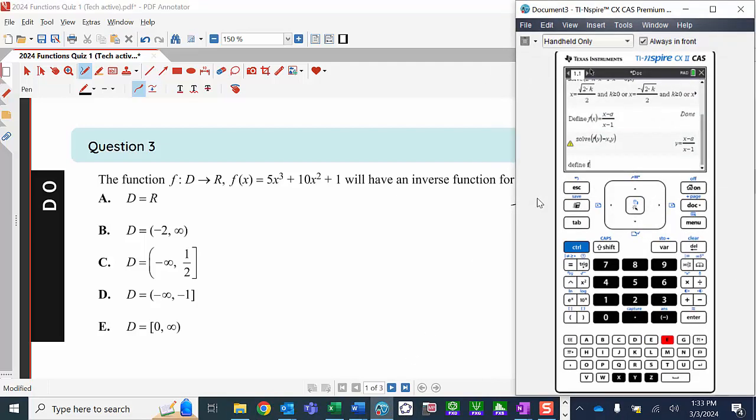So define f of x equals 5x to the 3 plus 10x squared plus 1. Then we'll solve f of x equals 0 for x. Only one intersection. Alright.